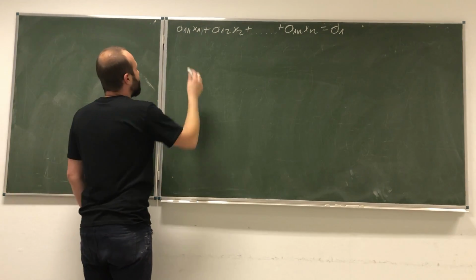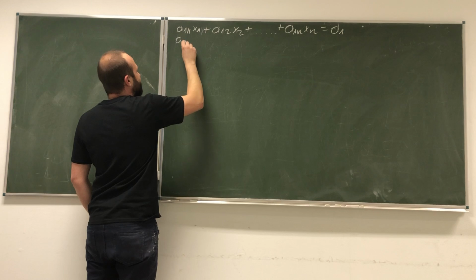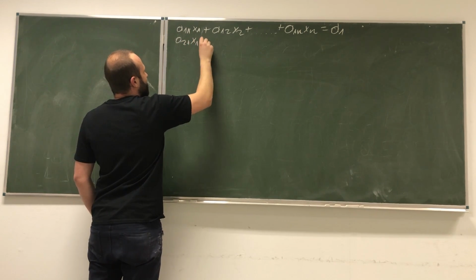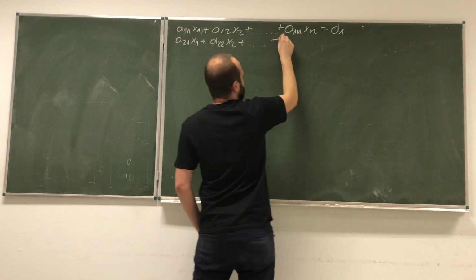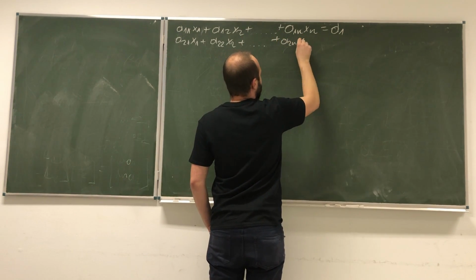Then the second equation would be a21 x1 plus a22 x2 plus until a2n xn.